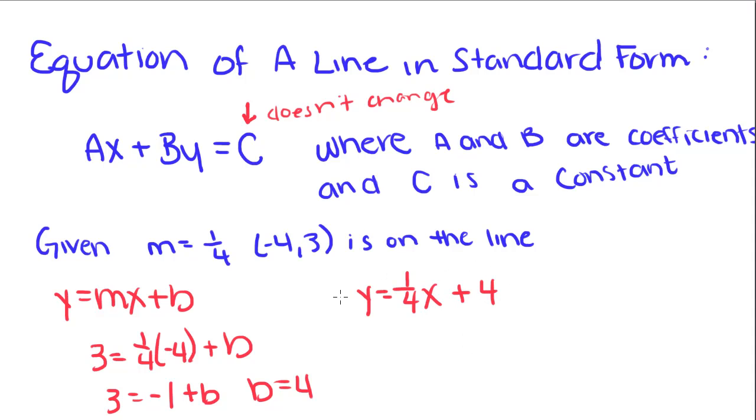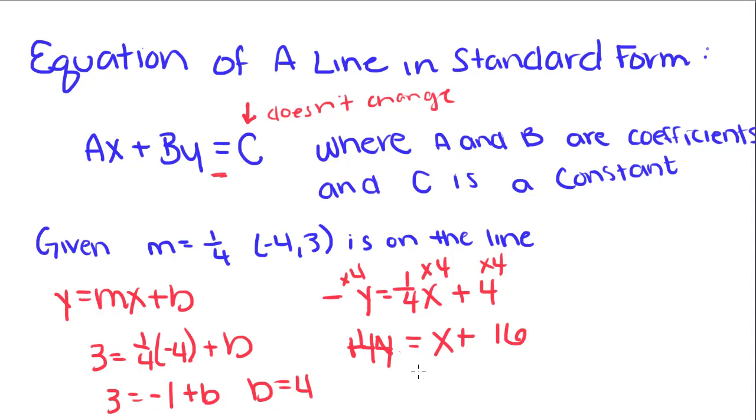Now we want to make this equation look like standard form. So we have to get the x and the y on the same side. So first thing we're going to do is eliminate this fraction right here. So we're going to multiply every number times 4. So we get 4y is equal to x plus 16.